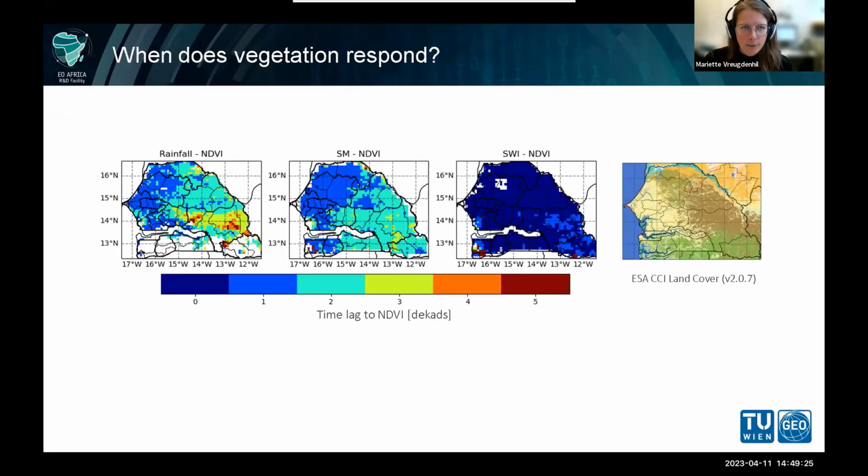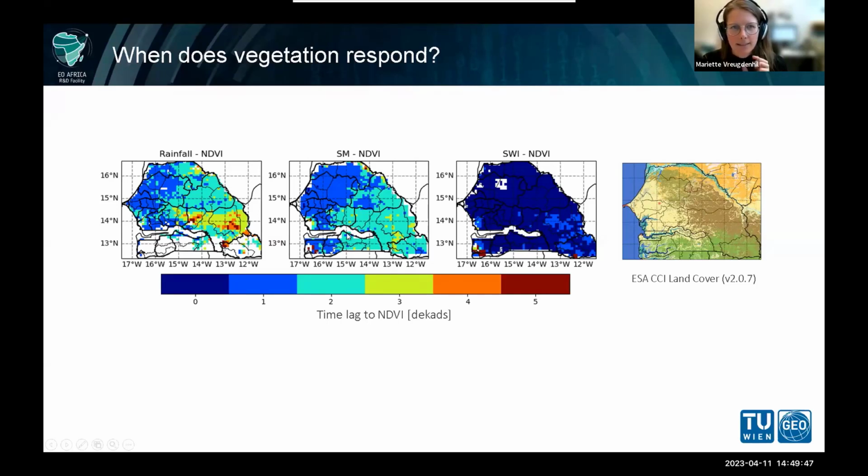If we look at time lags between NDVI, which is the vegetation data set, and the rainfall, the soil moisture, and the root zone soil moisture, we can see indeed that we have a time lag of, more or less, 1 month between rainfall and NDVI.